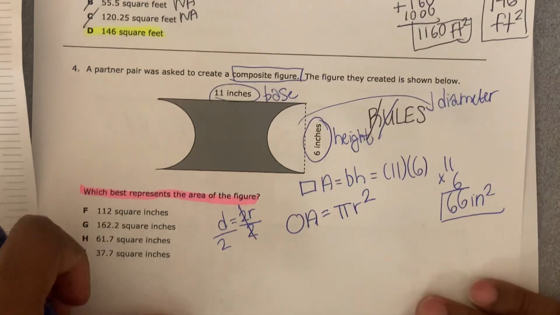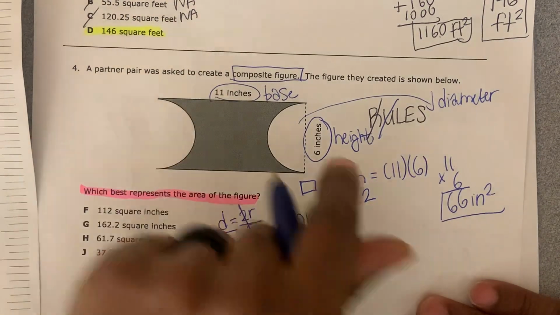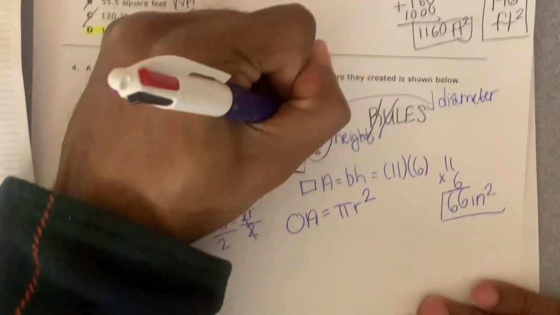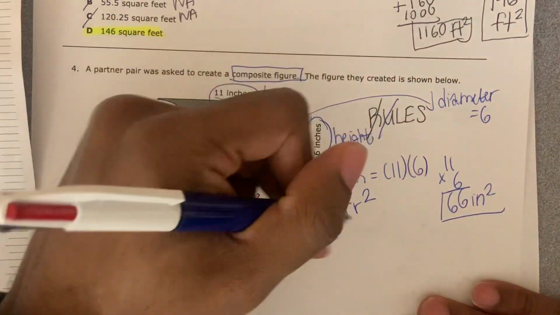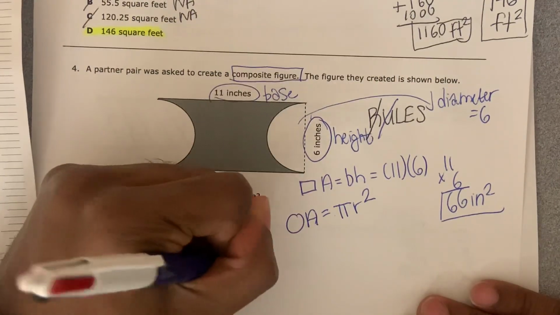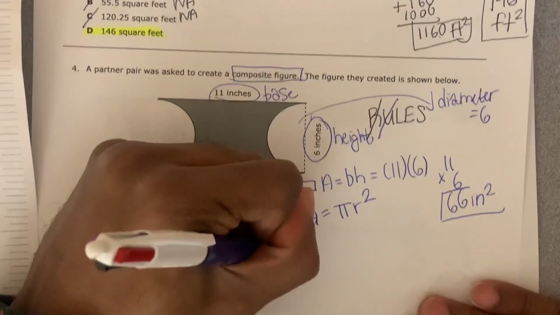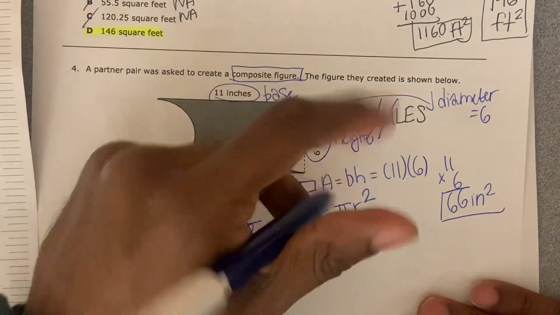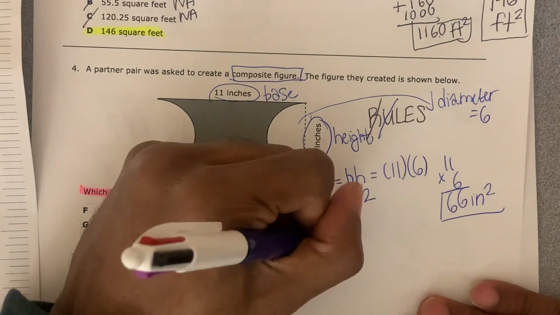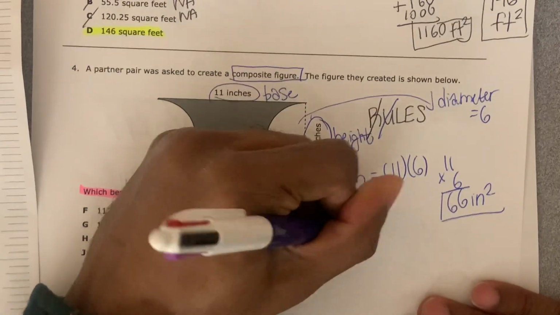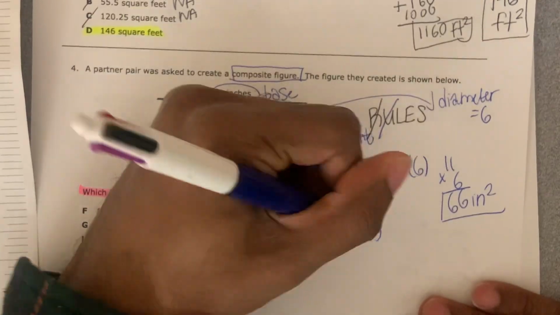So in this case here, if the diameter is equal to 6, then the radius is equal to 6 divided by 2, which equals 3. So the area of the circle is equal to pi times 3, which is our radius.